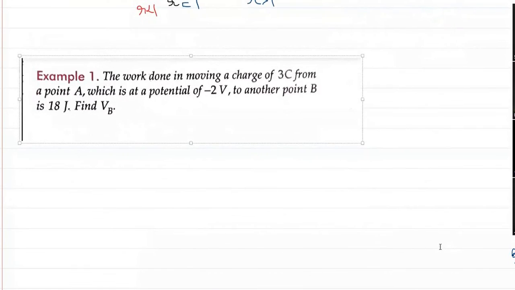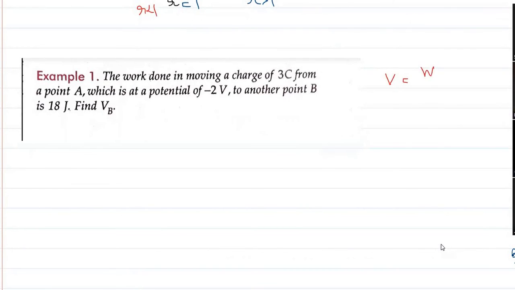So now we will just see the work done in moving. What are all the formulas so far we have learned? Electric potential at a point is defined by work done in bringing a unit positive charge from infinity to that point. Otherwise, work done in bringing the Q naught charge, so W by Q naught, and potential can be given as potential energy by Q naught, or U equal to Q naught into V, we have learned.